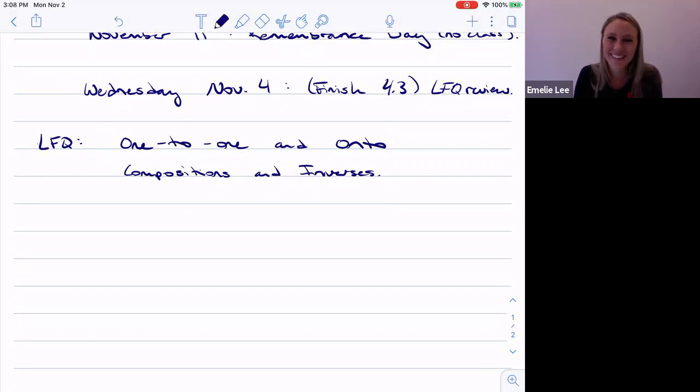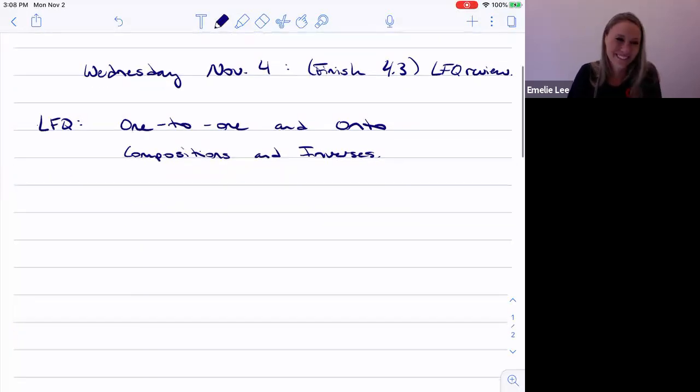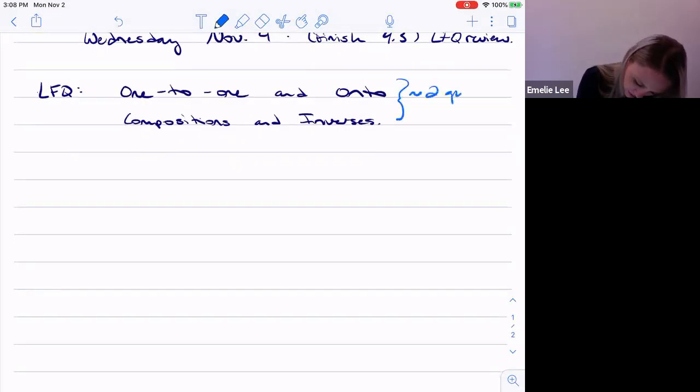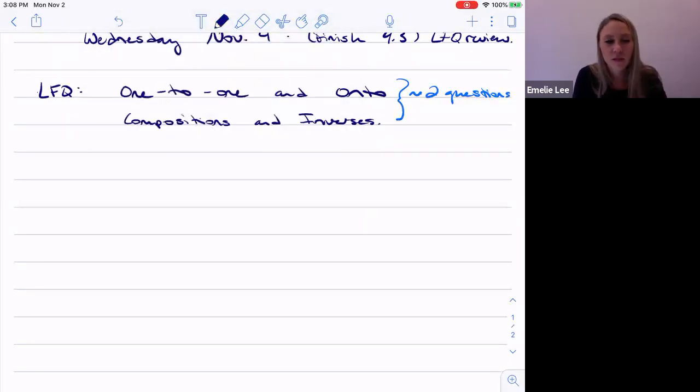Exactly. So for compositions and inverses, expect one big question and then probably one smaller question. So here I would guess roughly 2 questions.